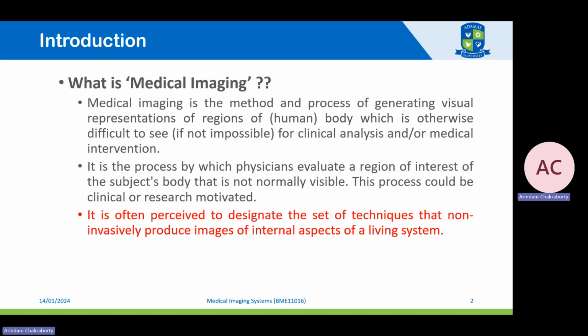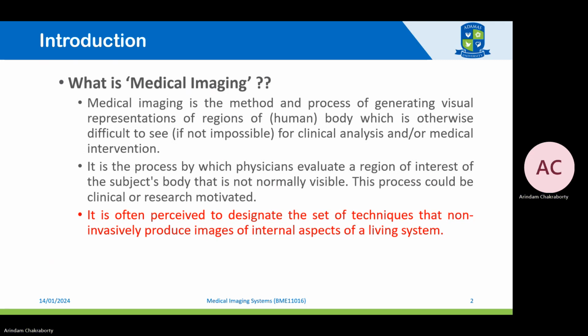As you can understand from these two words, medical imaging means any imaging process used for the sole purpose of medical or clinical assessment. The obvious question arises: how is it different from regular photography or regular imaging?